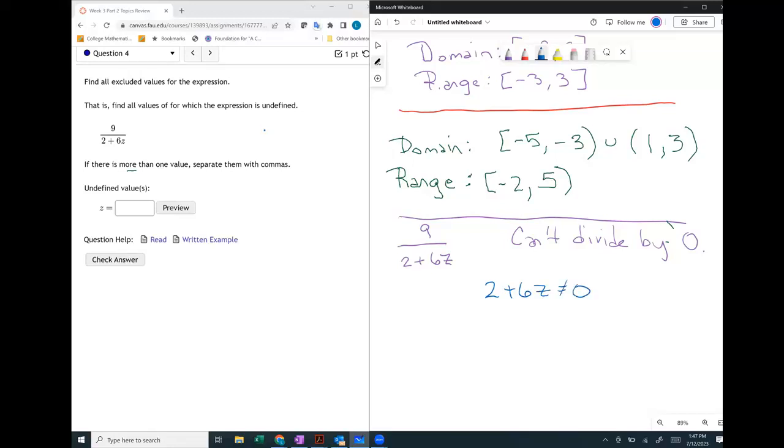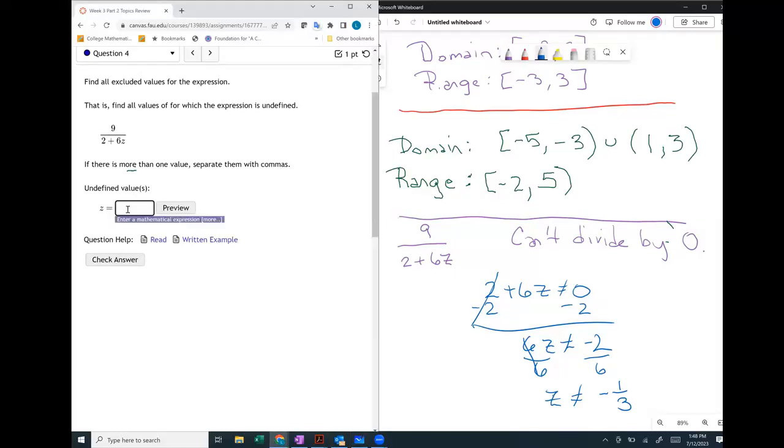And I just solve this just like any other equation. So I subtract 2 from both sides. I get 6z cannot equal -2. I divide both sides by 6. And I say z cannot equal -1/3.